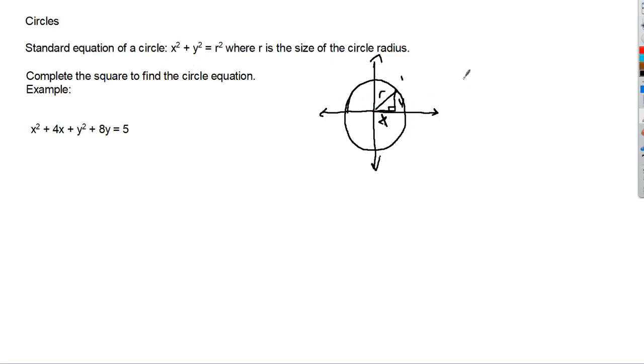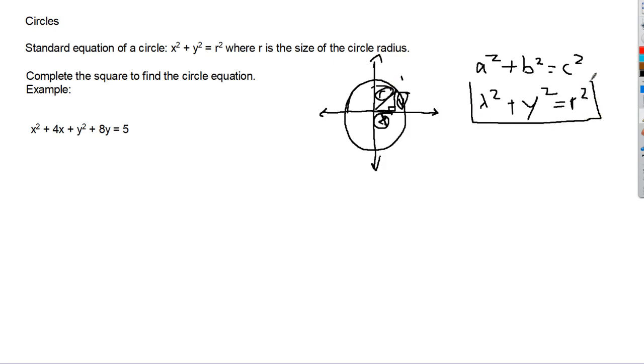And for right triangles, we have this special property called the Pythagorean theorem, which most of you know as a squared plus b squared equals c squared. So what's our a? That's our a, x squared. What's our b? That's our b, y squared. And what's our c? That's our c, r squared. So that's why we have the equation x squared plus y squared equals r squared.